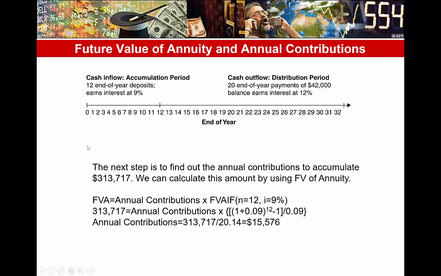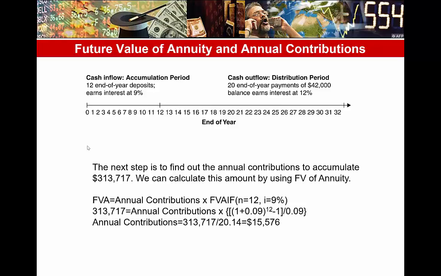So this is an interesting problem that involves all of us. You could yourself think about when you're going to retire, how long you expect to live upon retirement, and how much you're going to need per year.